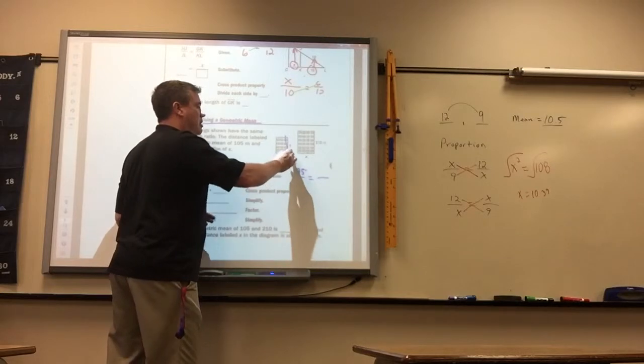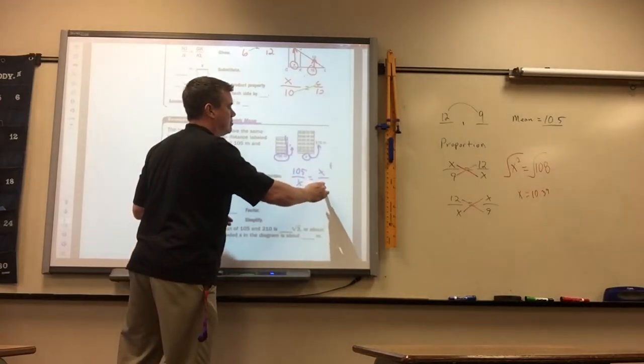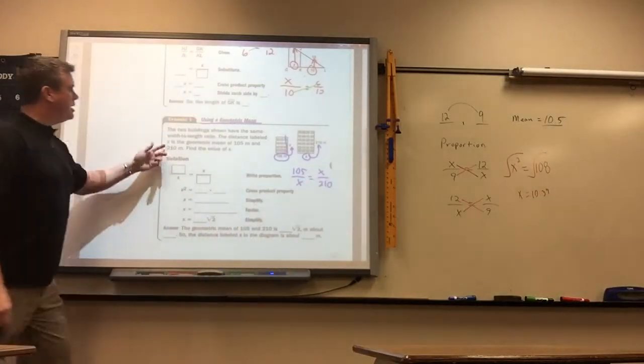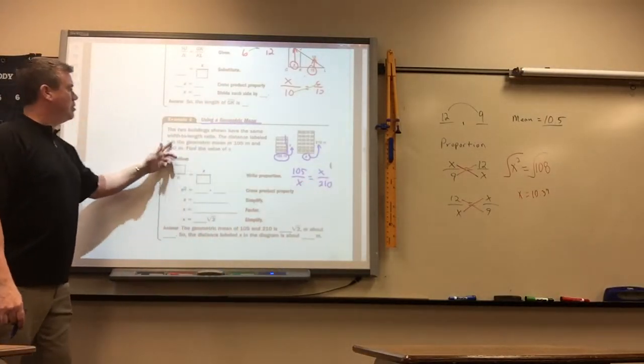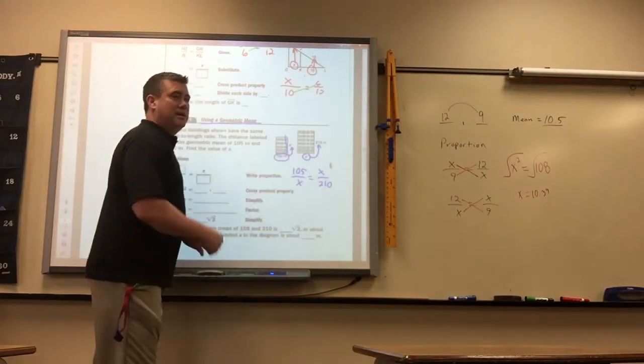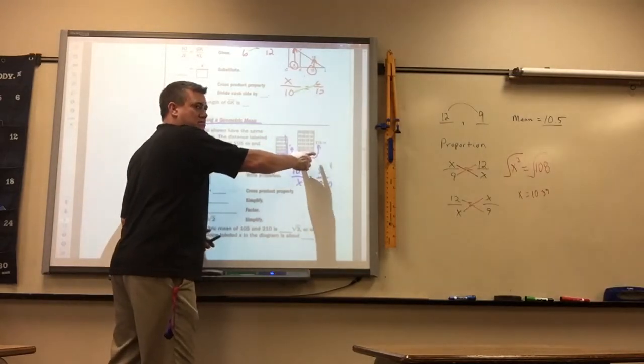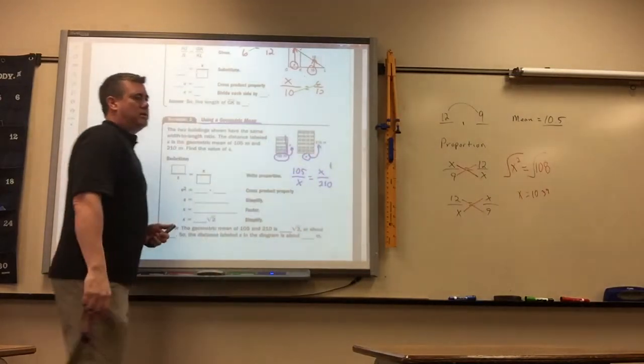Since I went from the bottom to there, I'd have to put X to 210, right? And it turns out the distance labeled X is the geometric mean of 105 and 210. All that means is the height of this building is the same as the width of the bottom of this building.